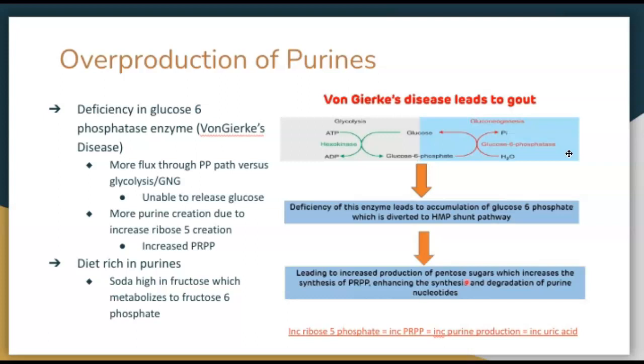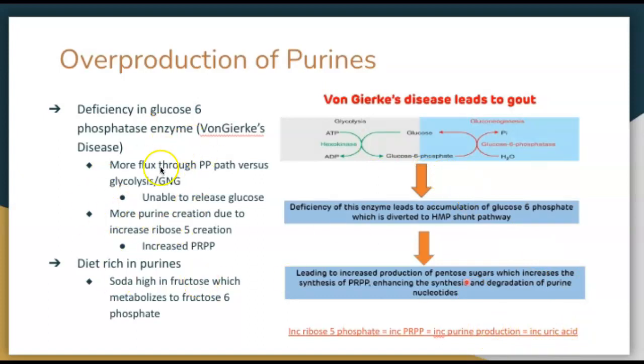Since it can't go out into different systems, it's going to shuttle down through the pentose phosphate pathway. That is going to end up giving us more ribose 5-phosphate, and therefore increased PRPP, the sugars, which will let us create more purines, and then we'll have an increase of uric acid.